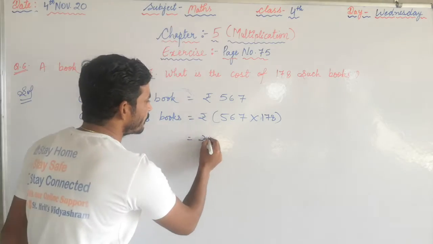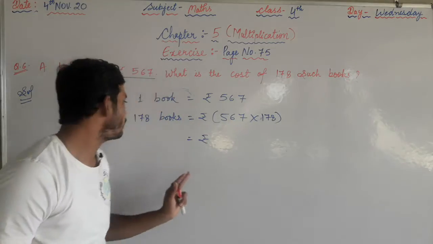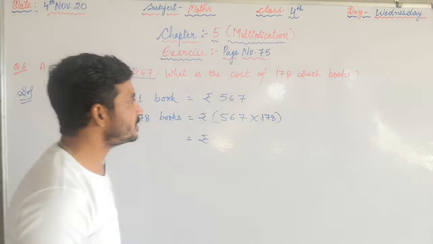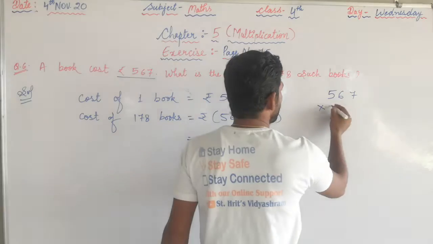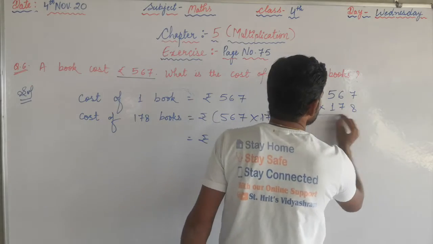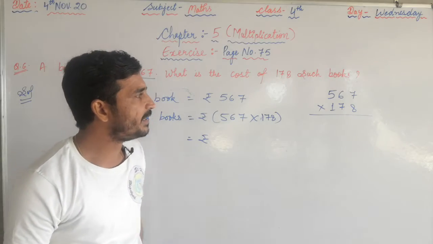So simply you have to multiply these two numbers, and whatever result you get, that is the amount for 178 such books. Now see, 567 multiplied by 178. Simply what do you have to do? You have to simply multiply.